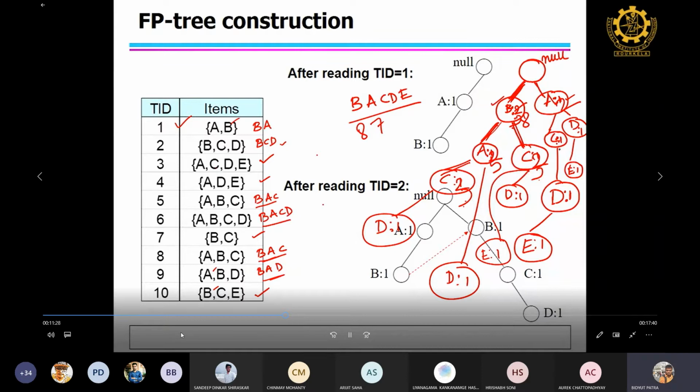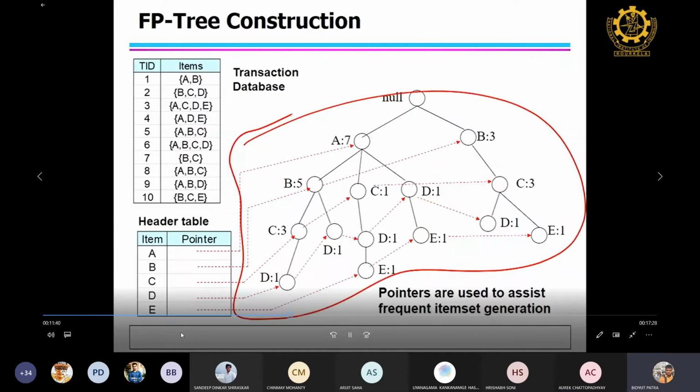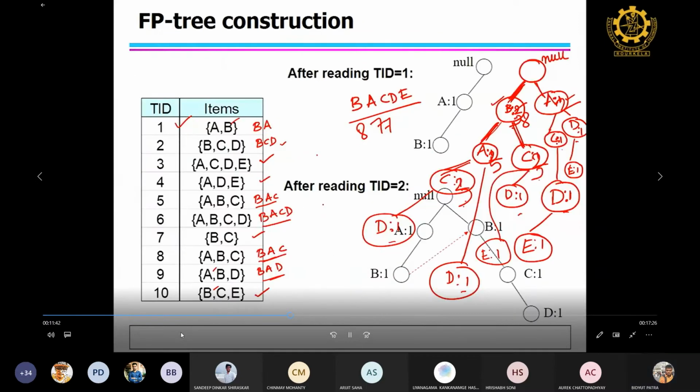This was also 7. This is 1, 7. Then D is 1, 2, 3, 4, 5. So D is 5. And E is 1, 2, 3. So E is 3.